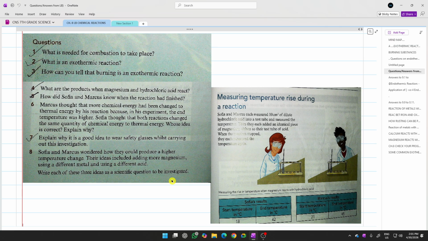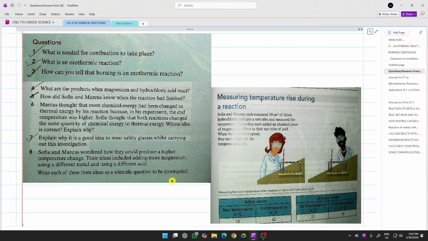Basically the question asked is about what these people are thinking. One is thinking that maybe increasing the magnesium, or taking a different metal. So which one will be a good idea? This is a very subjective question, so the answer will also be very subjective. You will have to carry out an investigation and see.